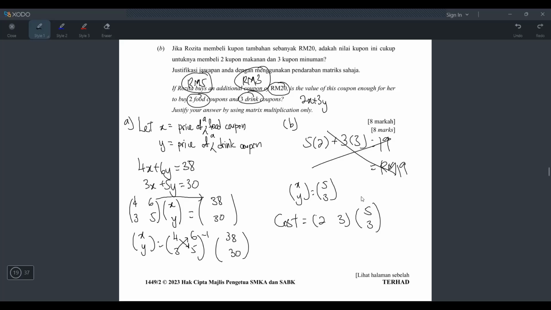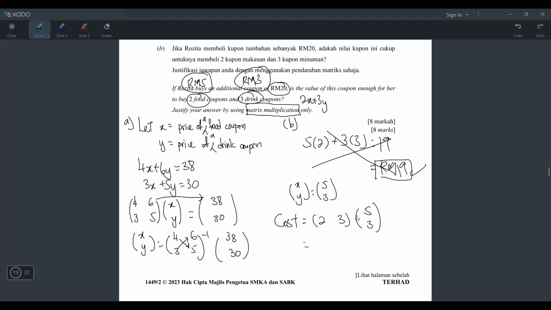Let me explain a bit, because what I want now is, I already know my answer is 19. But I don't know how to use the matrix multiplication. I'll be honest, I don't know how to write this, but I know the answer already, because without using multiplication it is 19, right? So I try to think about how I can combine all these numbers into one, and this is the method.